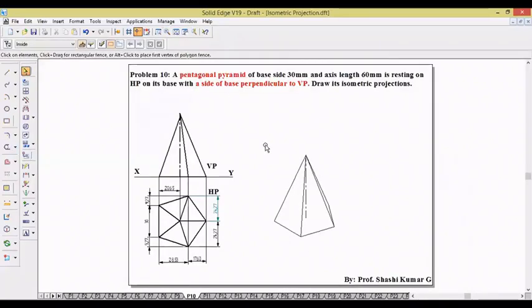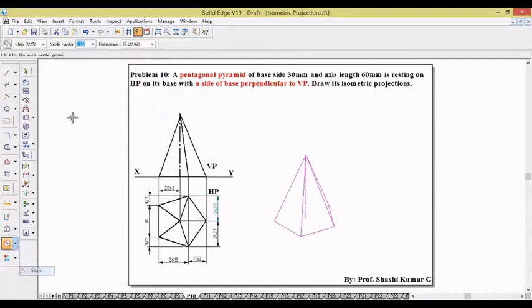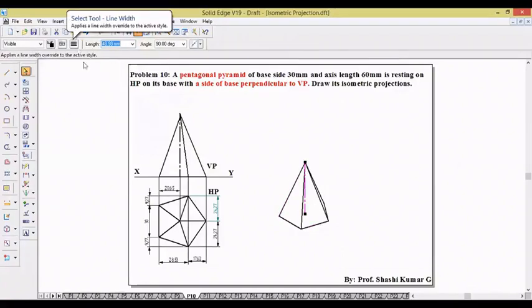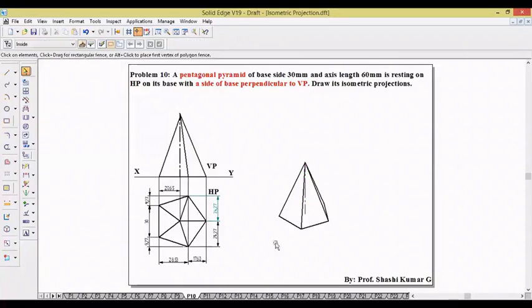So select the entire thing, go for scale factor 0.8164 and make it 0.5 mm thick, but not the axis. Axis should be 0.13 thick. So this is the solution for problem number 10. Example problem number 10. Thank you.